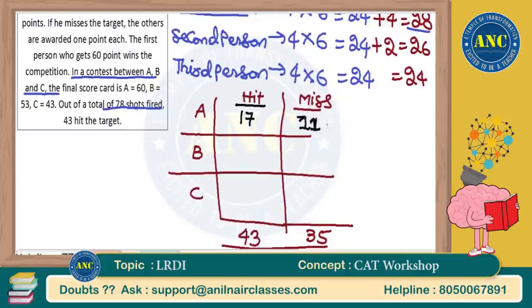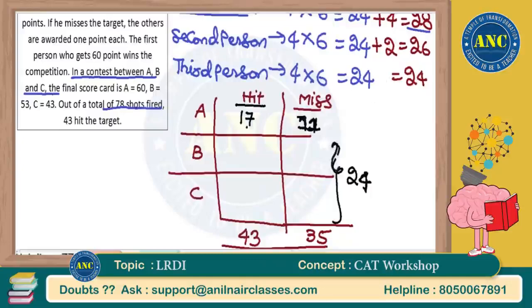Total value is 35. This is 11. So the remaining value will be 24. I hope it is clear, right, sir? If I assume that A 17 is the right answer and A is the first person, hit will be 17, total will be 28, miss will be 11 and remaining will be 24.